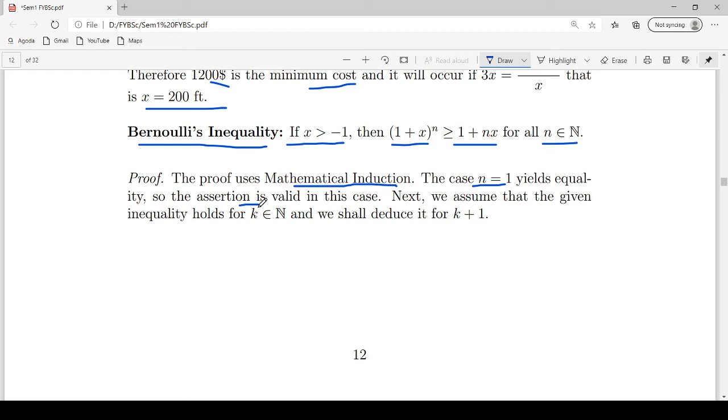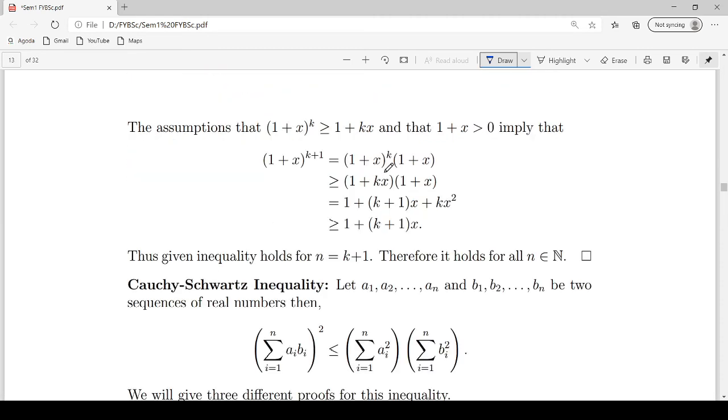So once you have proved the base case, you can assume that the inequality holds for some natural number k. And now we will deduce that the inequality will hold for k plus 1 also. Since we have assumed that the inequality is true for natural number k, we have 1 plus x raised to k is greater than or equal to 1 plus kx.